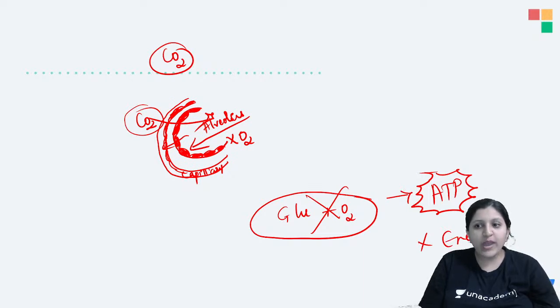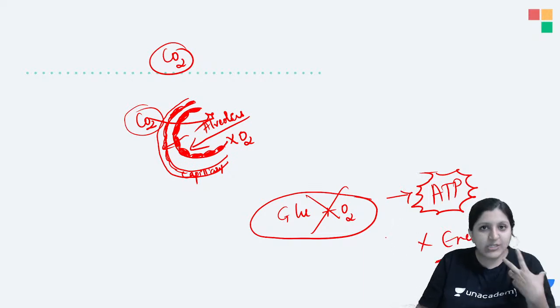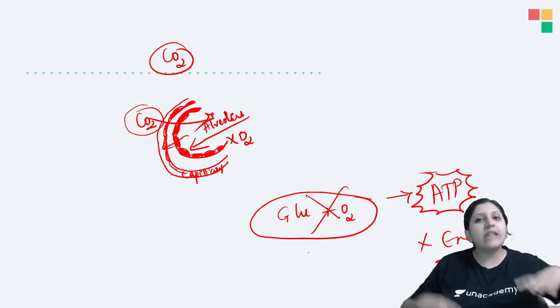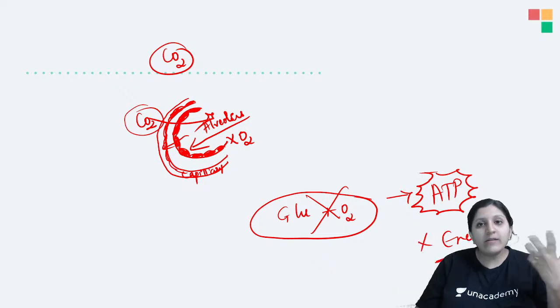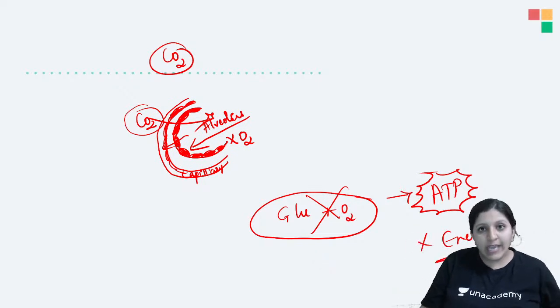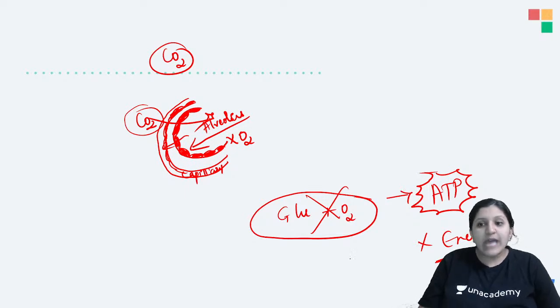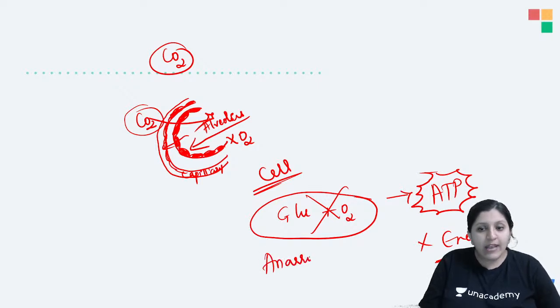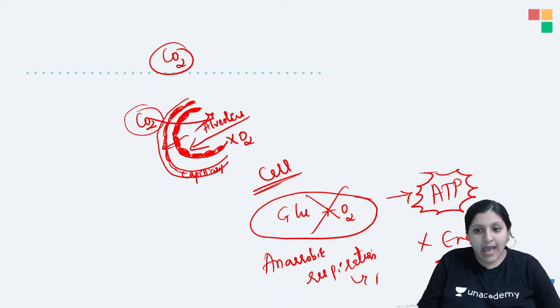If ATP is not synthesized, then there is no energy, and all your cells get weaker. They cannot perform their function, and your body will start to ache. This is occurring in the cells. Cells without oxygen can undergo anaerobic respiration, which occurs at the muscles.